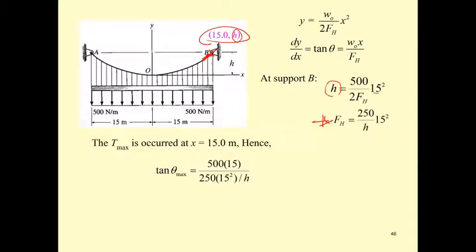Okay, it's going to be W sub times x divided by F sub h. So you say this is going to be F sub h. Okay, it comes from this equation. And then what you have is this as the equation of theta max. And what it means is it's going to be like this.